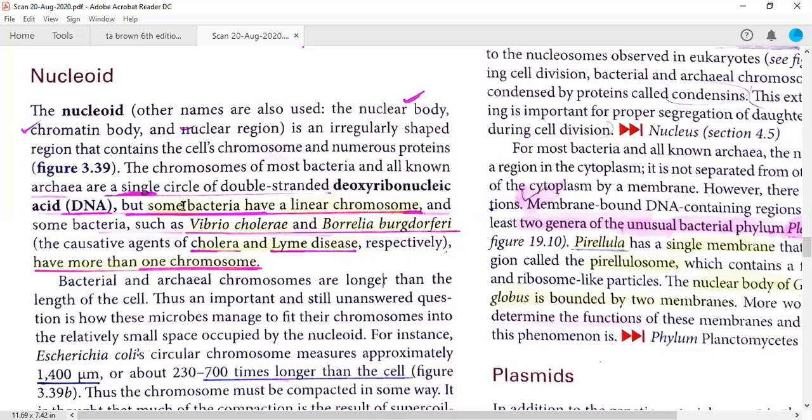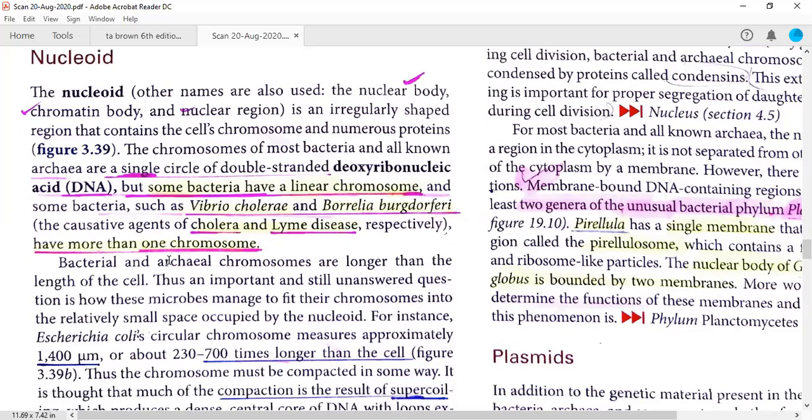So first of all, some bacteria, for example, Vibrio cholerae and Borrelia burgdorferi, may have a linear chromosome. Second thing is, certain bacteria may have more than one chromosome. So what are those bacteria which generally have more than one chromosome? A bacterium can have up to 11 copies of the bacterial chromosome.